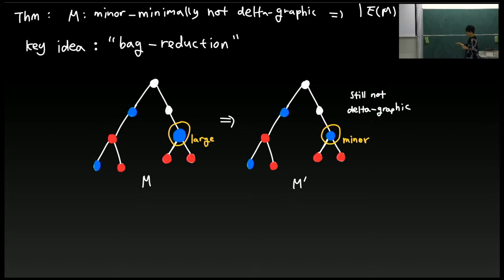Then we can conclude that the reduced whole matroid is not delta-graphic, which contradicts the condition that M is minor-minimally not delta-graphic. So this contradiction says that each bag cannot have large size.